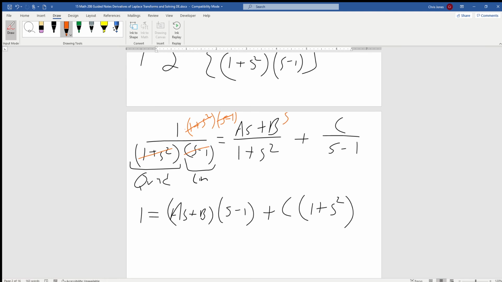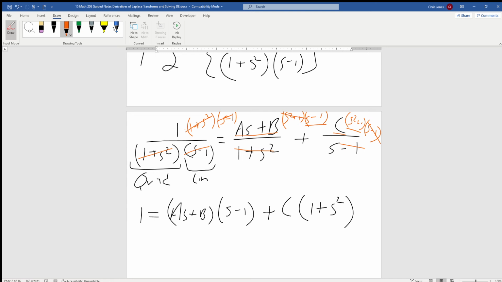We have s squared plus 1 and then s minus 1, and this s squared plus 1 cancels with this one, and that's why we're left with as plus b, s minus 1. And then over here, the exact same thing, and we have c times s squared plus 1.